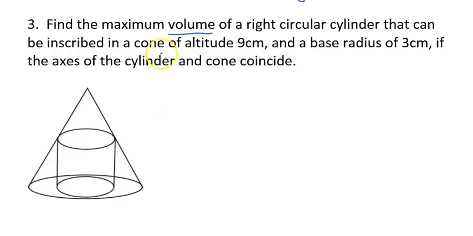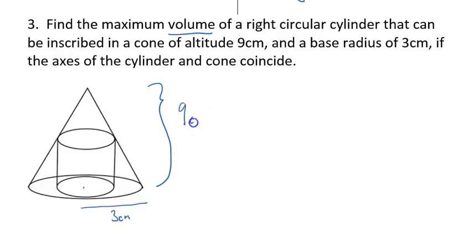Okay, so what we know is the cone has an altitude of 9, so the distance from the tip of the cone to the base is 9. And it has a radius of 3, so this distance from the center of the cone to the edge is 3.